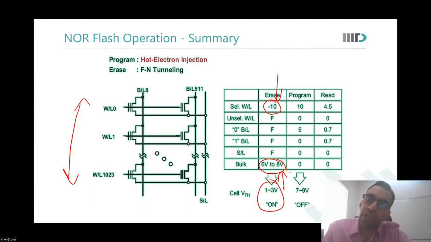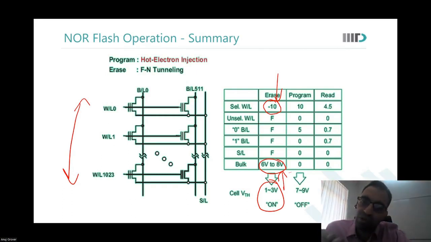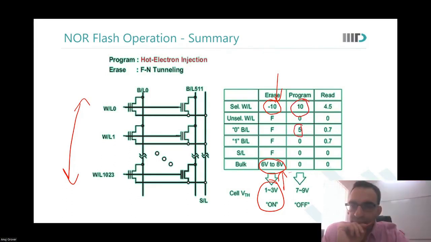Okay, when I want to program, we already discussed this last time also. When I want to program, the word line is at +10 volts. The bit line is at, let us say, 5 volts. The other bit line is at 0. So what is happening? Charge will be trapped.